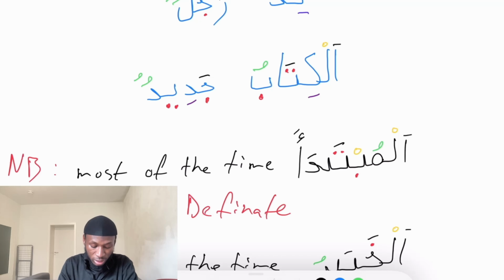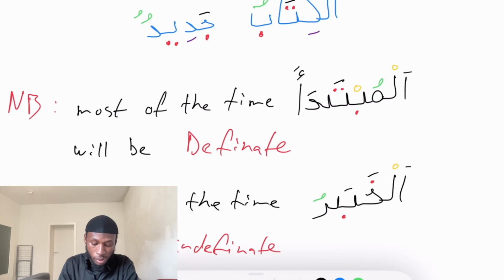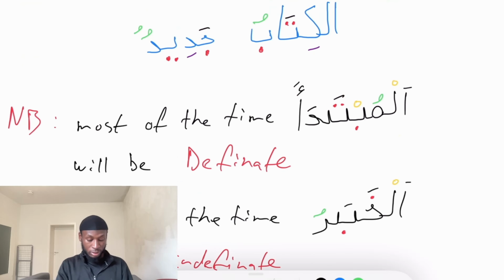Now for al-jadid, here is the yaa that is coming as a mud. So here we have another letter of the mud. Read it, jadidun.